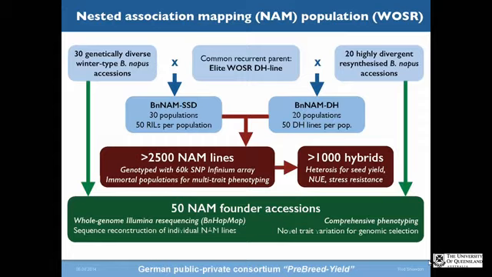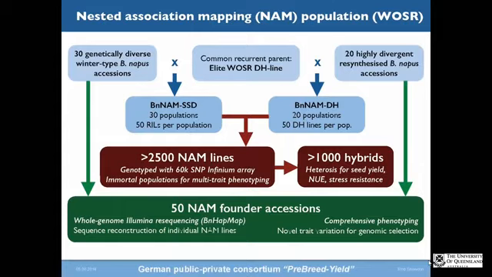All of these have been crossed with a common recurrent parent. In one case we've done back crossing in order to improve the performance of these. And from each of these crosses we've got 50 offspring. So it's a total population of just over 2,500 nested association mapping lines.